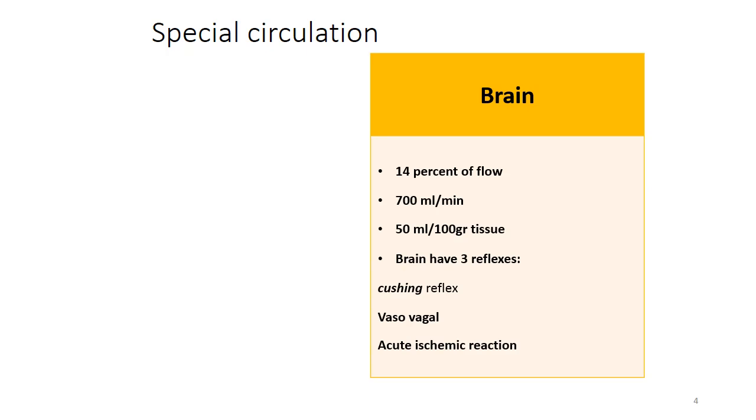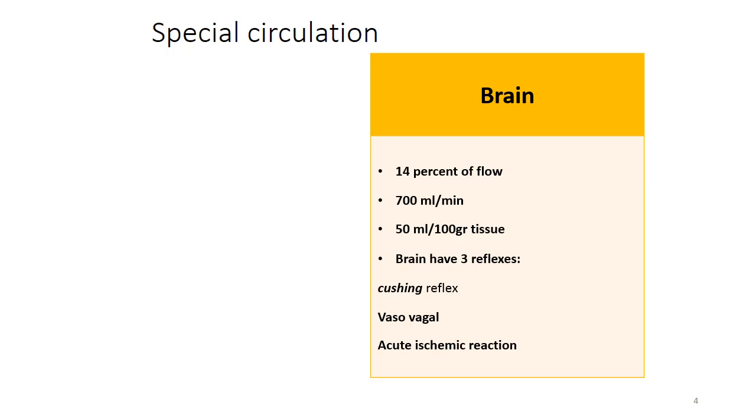Vasovagal reflex is a reflex for contraction of vessels and reduction of blood flow, and it comes from the vasomotor and hypothalamus center, and it acts through the vagus nerve. And the third reflex of the brain is acute ischemic reaction.